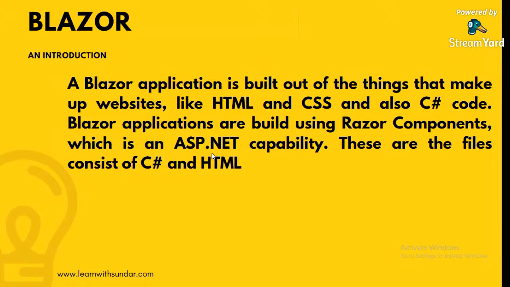An introduction to Blazor. In today's modern web development, we use both client and server technologies. As a web application developer, we may need to learn both technologies, that is, both client side and server side. Client side means JavaScript frameworks, and server side means C#, Java, Python, or Node.js.